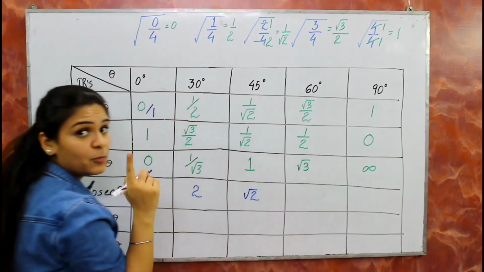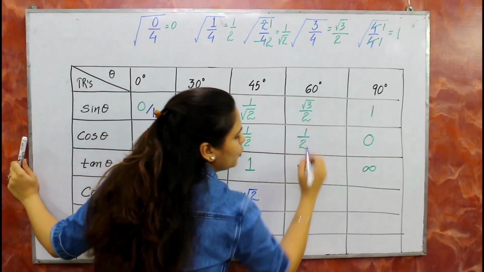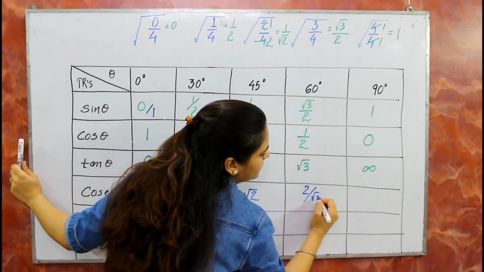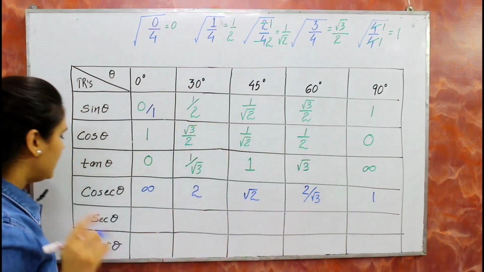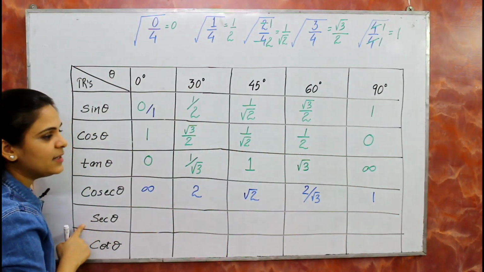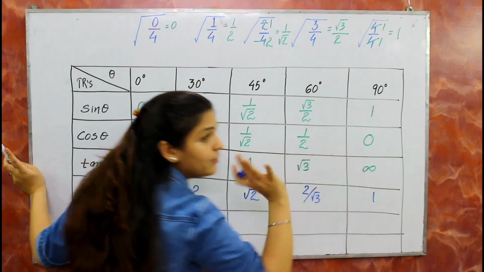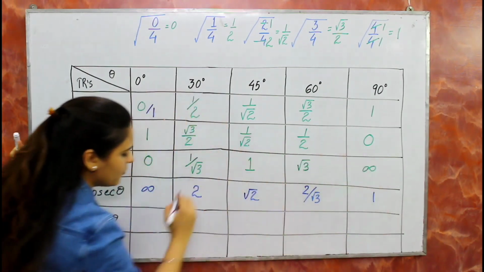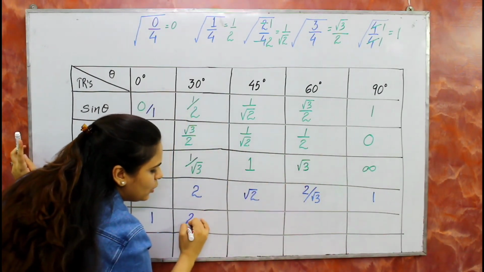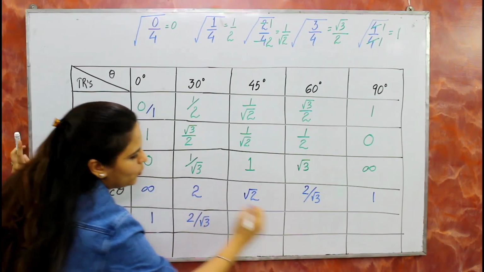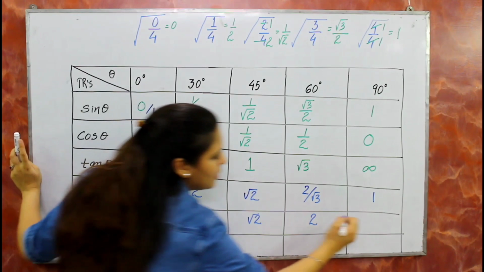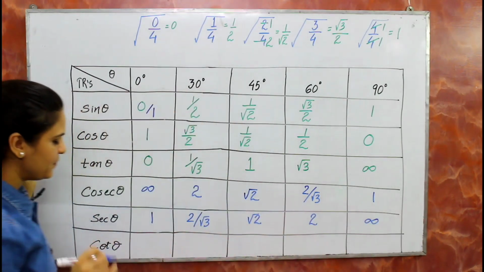I'm writing the reciprocals of sine theta. 2 upon root 3, 1 upon 1, right? Now, in case of secant theta, you have to write these values in reverse order. So you will start from 1, and then 2 upon root 3, root 2, 2 and not defined.